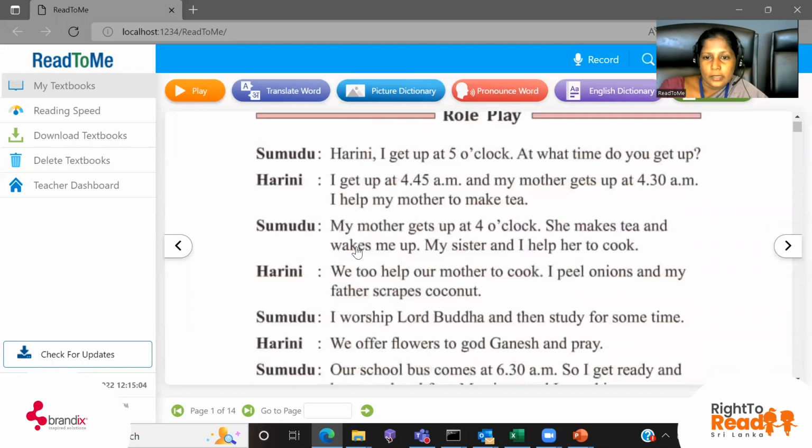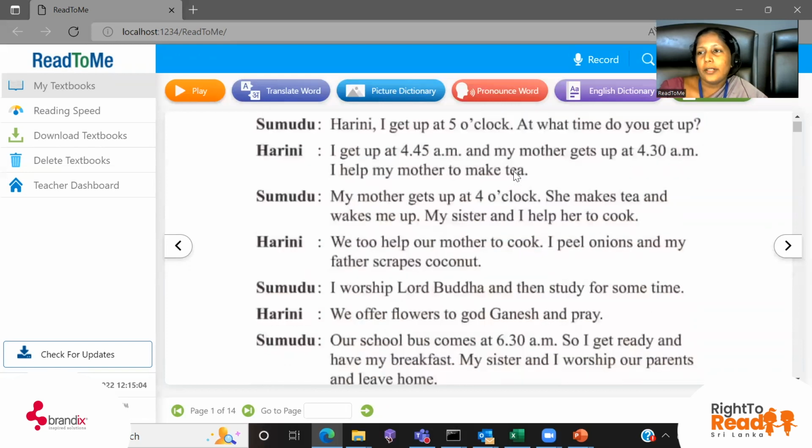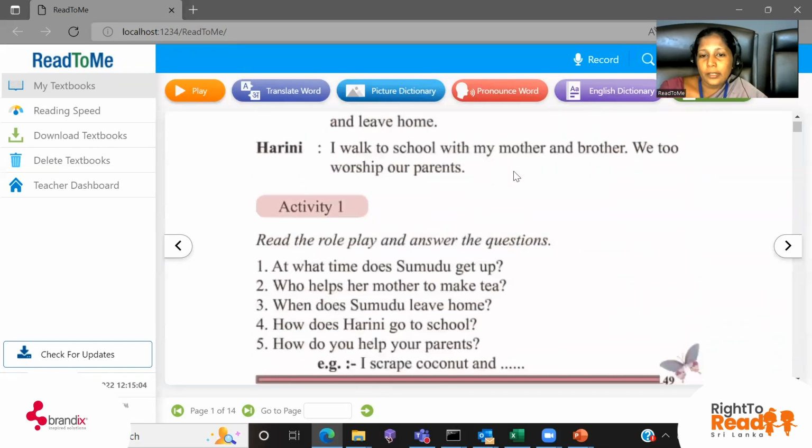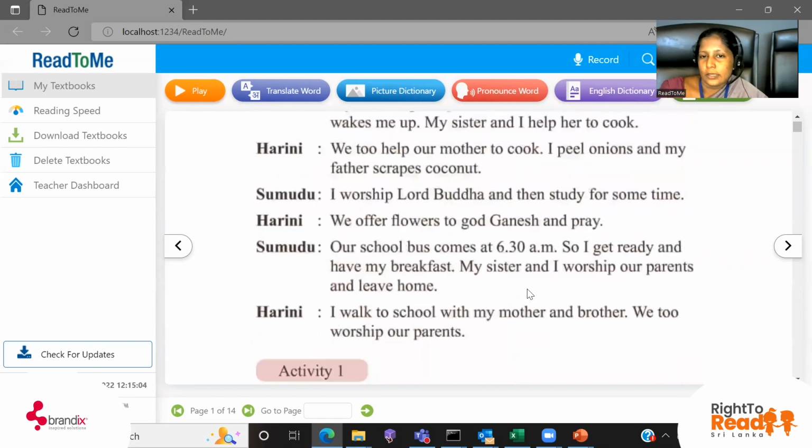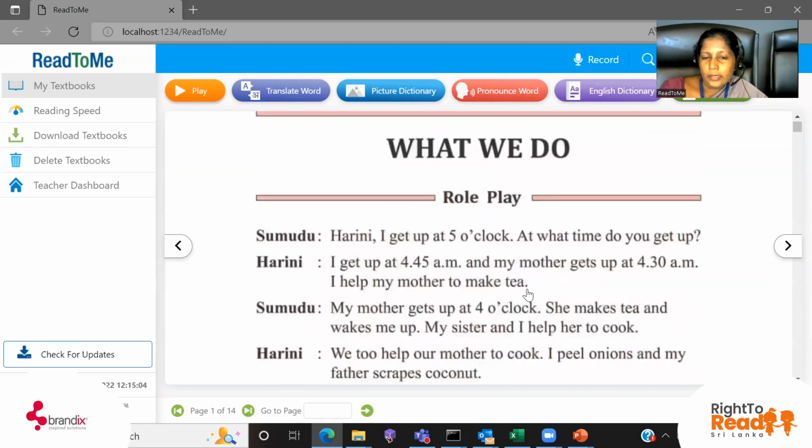Sumudu says, I get up at 5 o'clock. So according to Sumudu, she gets up at 5 o'clock. Okay. Now what is the second question? Who helps her mother to make tea? Just peep through the book and see who helped her mother. I help my mother to make tea.